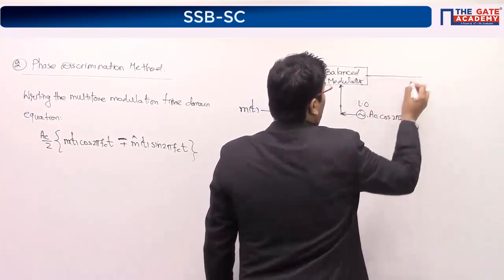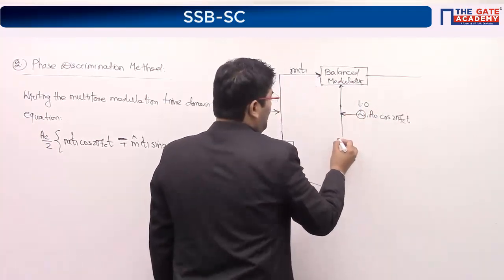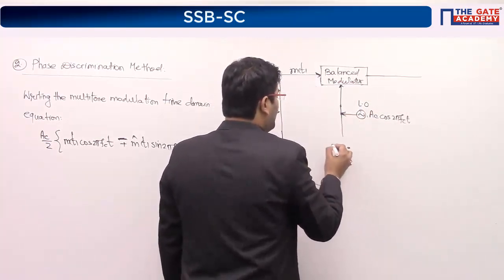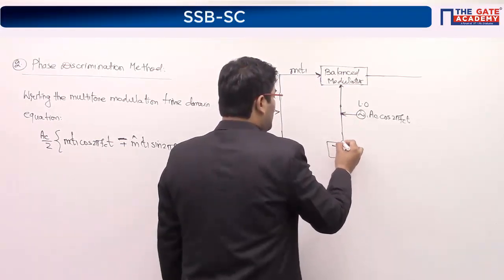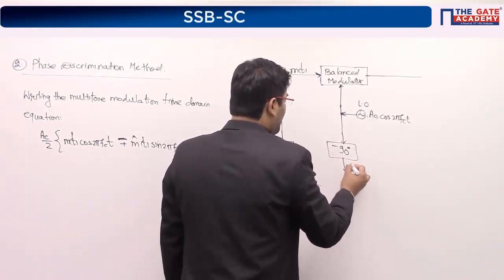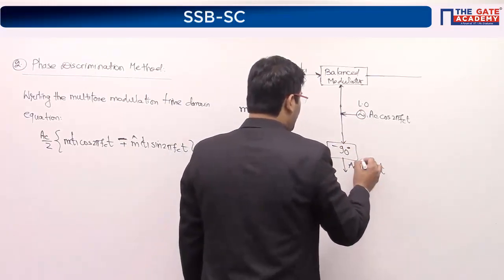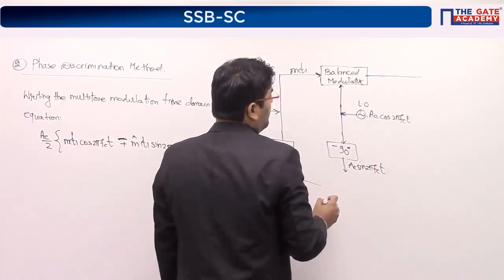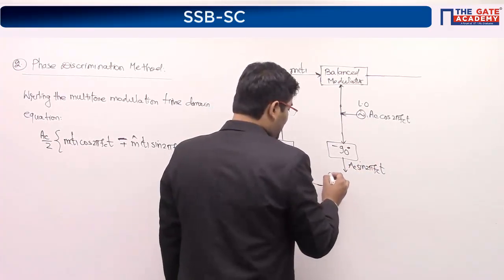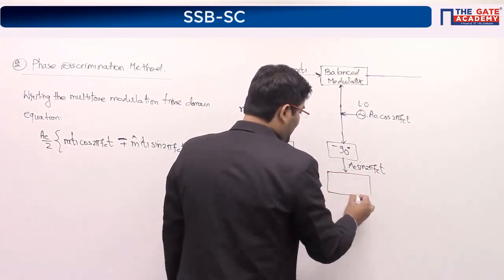It will pass through another minus 90 degree phase shift block, and here you will get Ac sin 2 pi fct, and this will go to another balanced modulator.